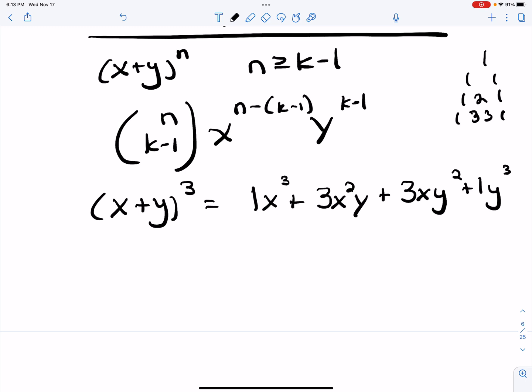So what is this saying here? Well, as long as your n is bigger than k minus 1. All right, so like in our case, the n is 3, right? So you've got your various terms here. So let's say you're looking at that second term.